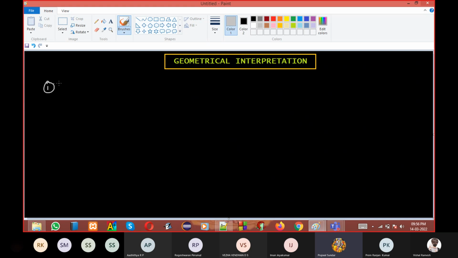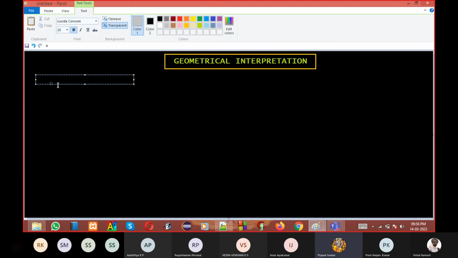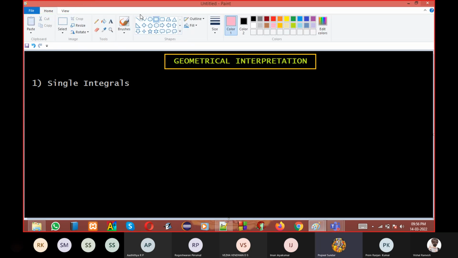Suppose you are describing single integrals. Look at this carefully. Try to understand the logic. You will write y, or h, into dx, right? For single integrals you can also write y dx. This is what you did in 12th level, correct? To calculate area. Now you just check the dimension.